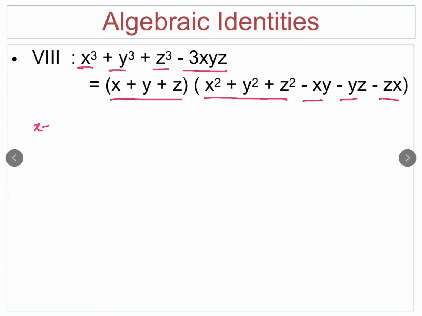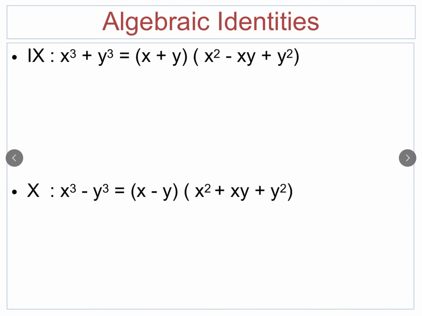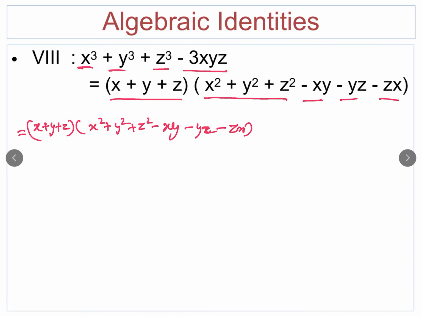We have x plus y plus z multiplied by x square plus y square plus z square minus xy minus yz minus zx. First we'll multiply this x with all the terms in the second bracket.